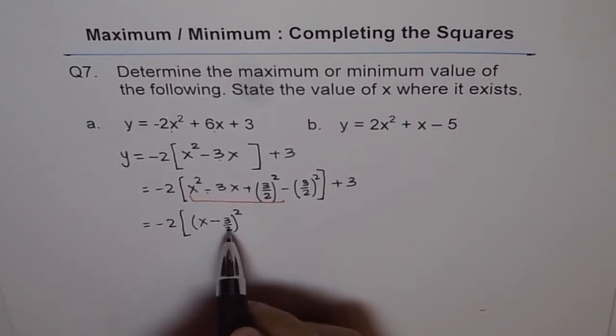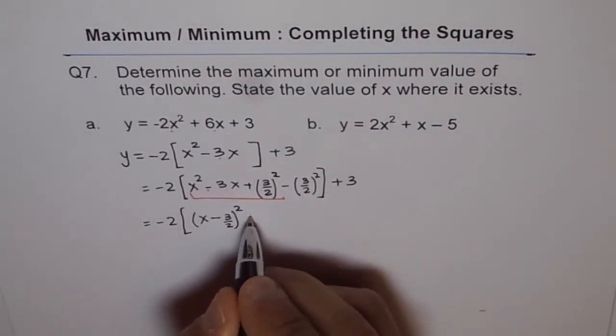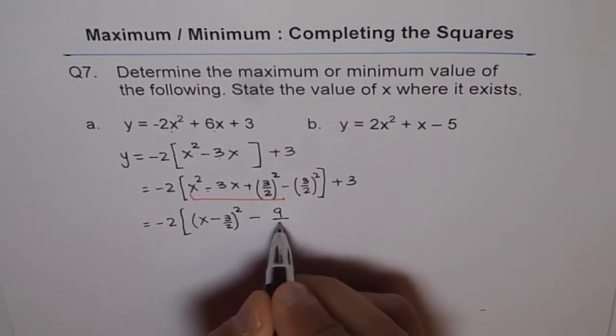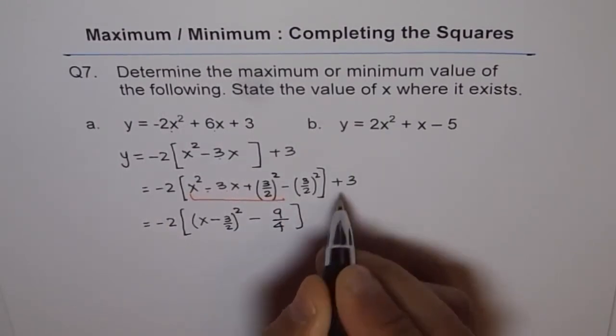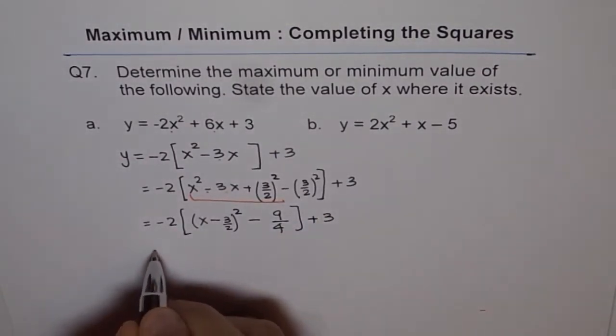So this is a representation of the first three terms, a perfect square. And now we can square and open this bracket. So 3 square is 9 and 2 square is 4, correct? So we get 9 over 4 plus 3. It's time to open the bracket and expand.